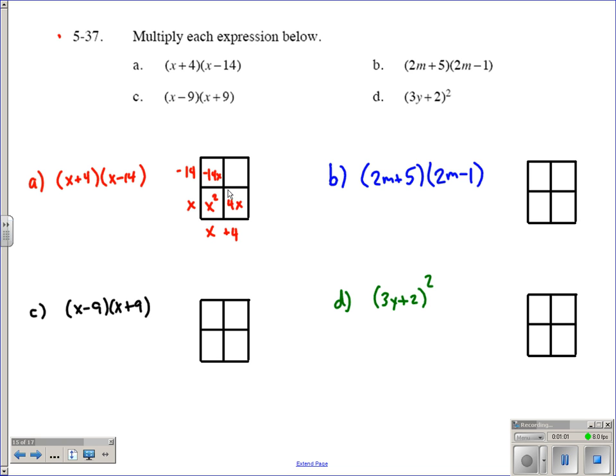And then 4 times negative 14 would be negative 56. So we have our like terms here in the diagonal. So when we put it all together, we should have x squared, 4x and negative 14x should give me a negative 10x, and then minus 56.